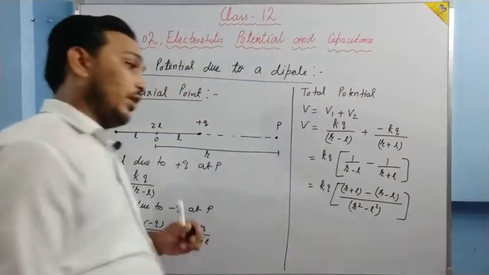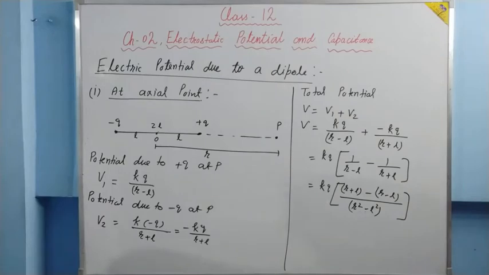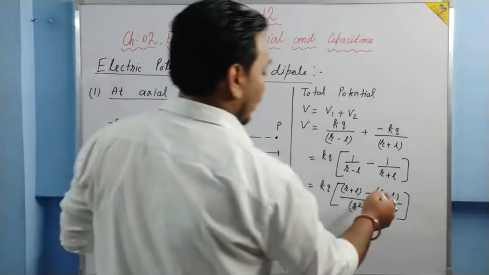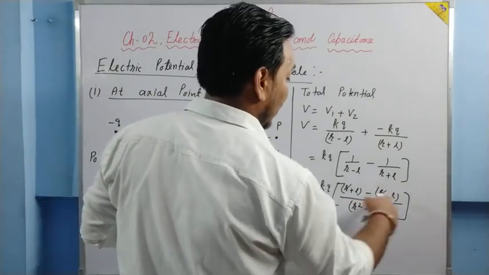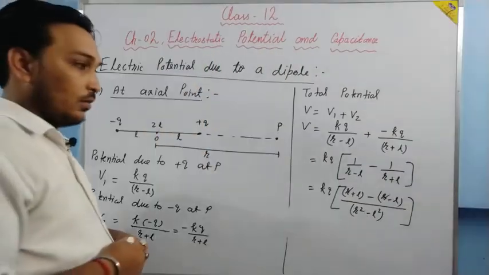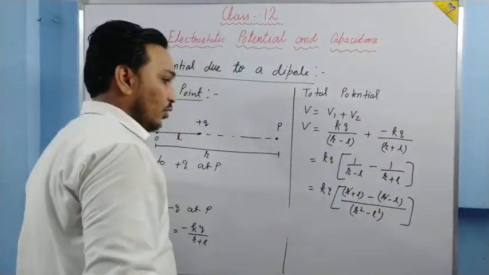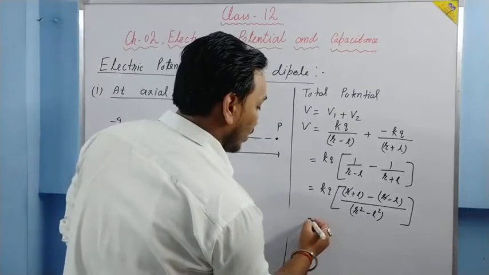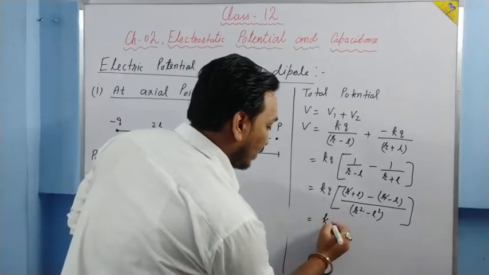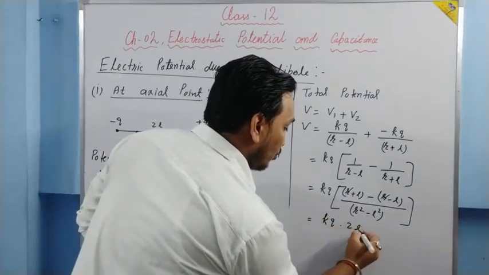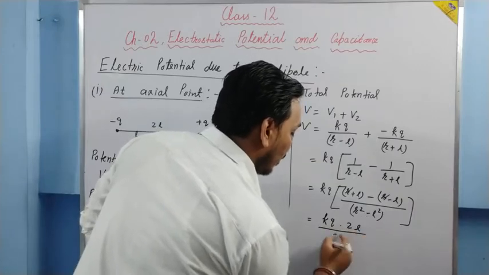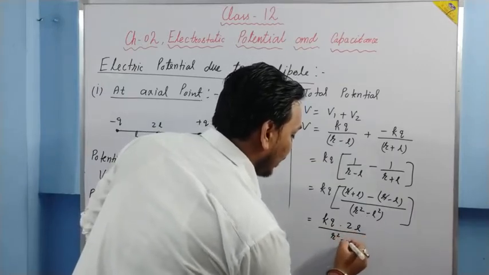Now if we open the bracket, r will be cancelled out, L minus minus L becomes 2L. What we are going to have is kq into 2L upon r square minus L square.